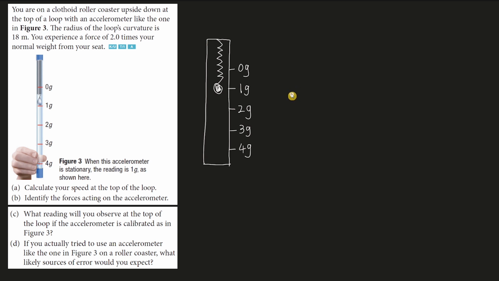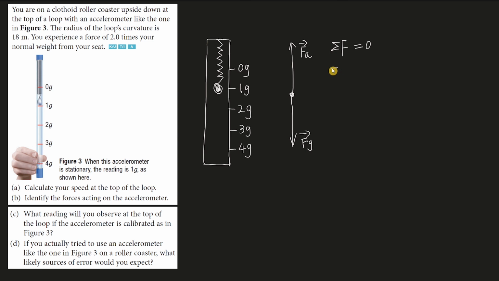This is the ball. This is the gravity on the ball. This is the pulling force of the spring on the ball. When the accelerometer is stationary, the sum force on the ball is 0. That is sigma F equals 0.